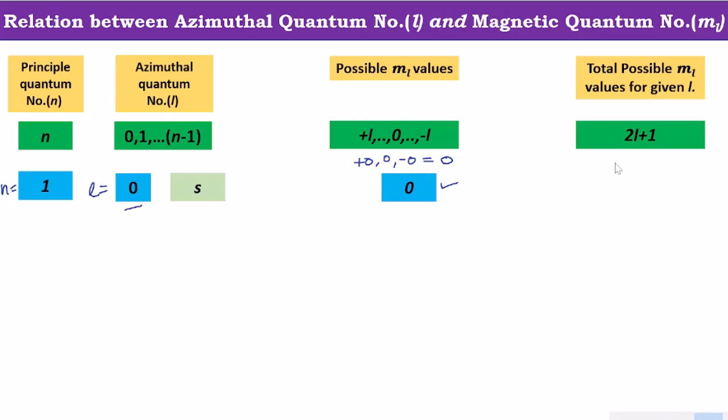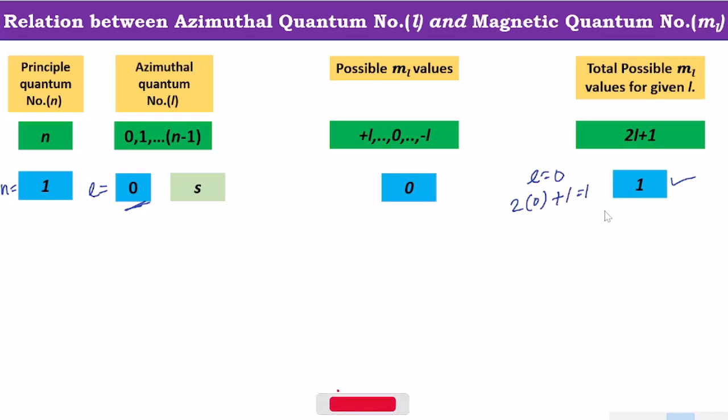Let's calculate the total possible ml values. In this case, the value of L is equal to 0. Putting L equal to 0 in this equation, it becomes 2 into 0 plus 1. It gives value 1. Therefore, I have written this value 1 here.